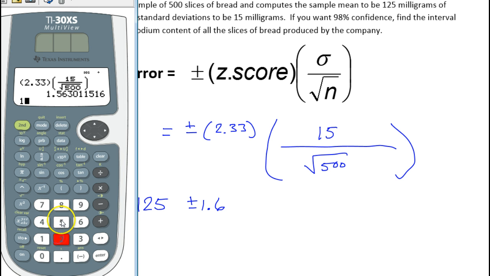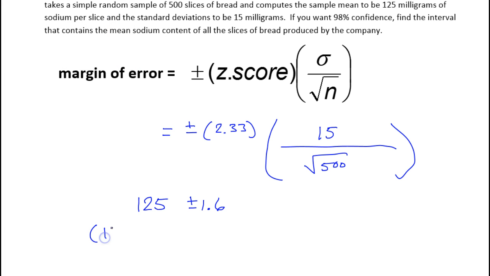So 125 minus 1.6 is going to be 123.4 milligrams. If I add 1.6, that's going to be 126.6 milligrams.